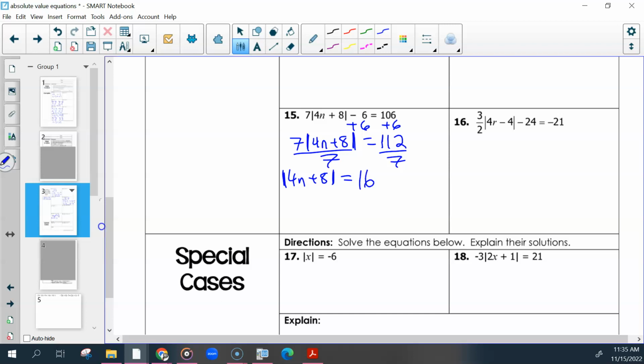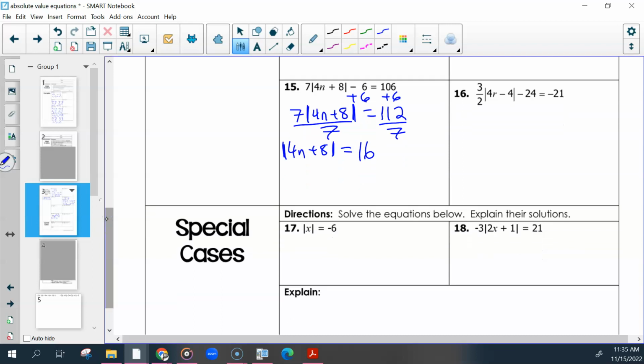What would be our next step? Victoria? Drop the absolute value bars and do what with it? And 4n plus 8 equals 16.